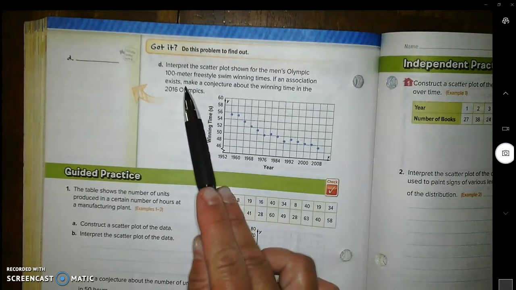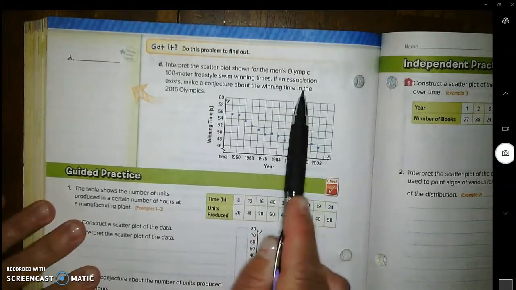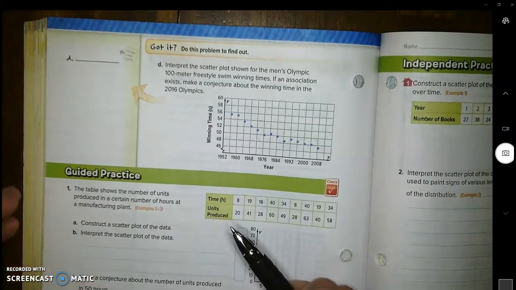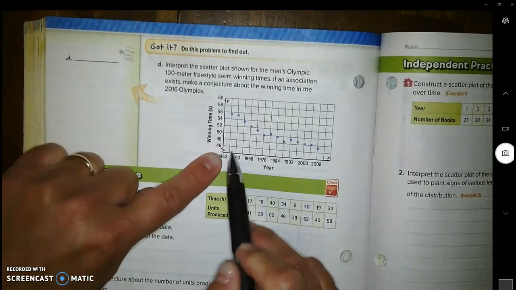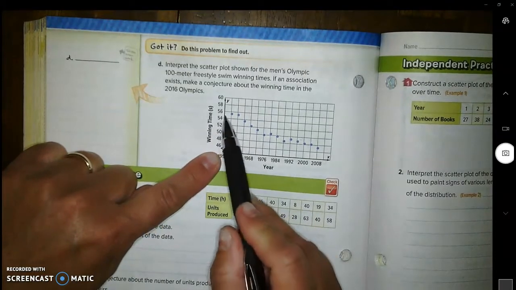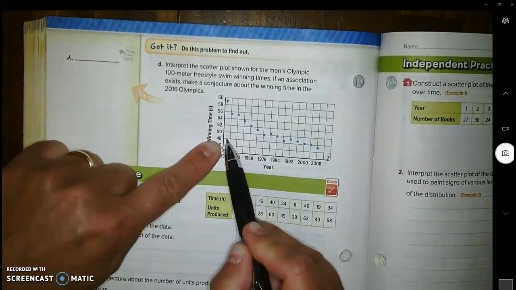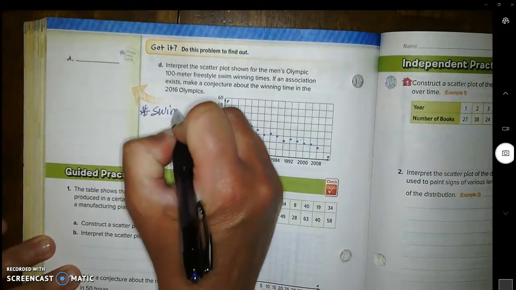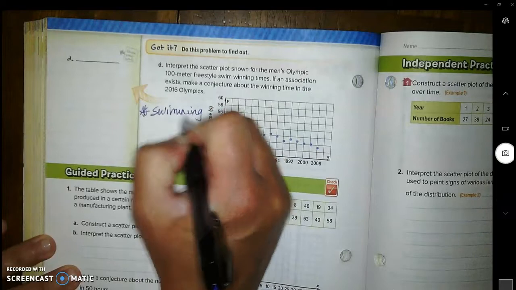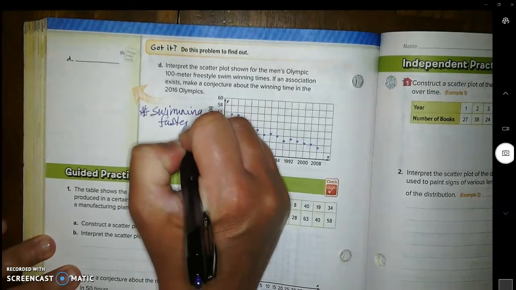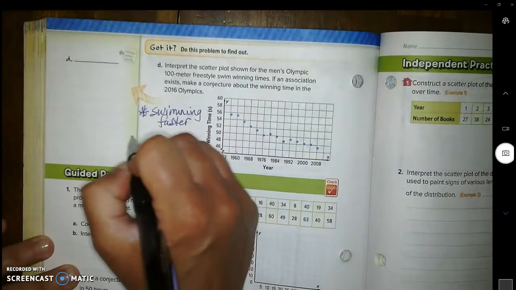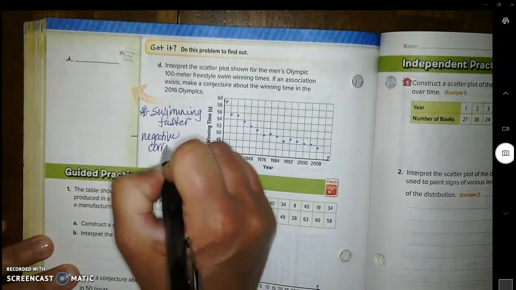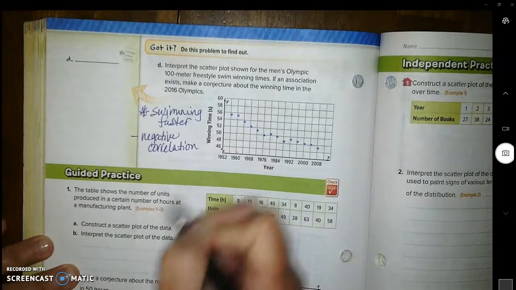It says, if an association exists, make a conjecture about the winning time in the 2016 Olympics, okay? So it looks like every year the winning times got lower and lower, so the swimmers were swimming faster, right? Michael Phelps is crazy, okay? So they were swimming faster as the years went on, so there's definitely a negative correlation or negative association.